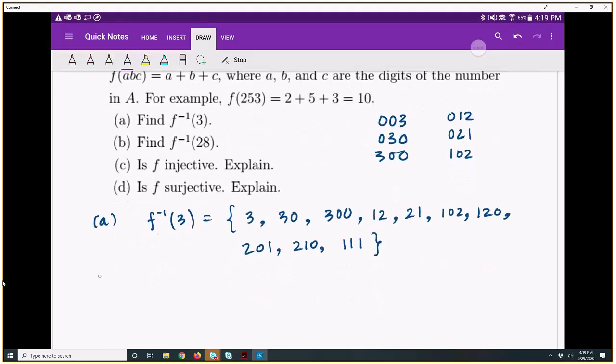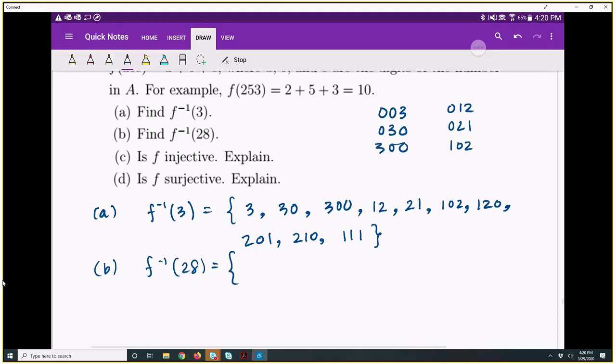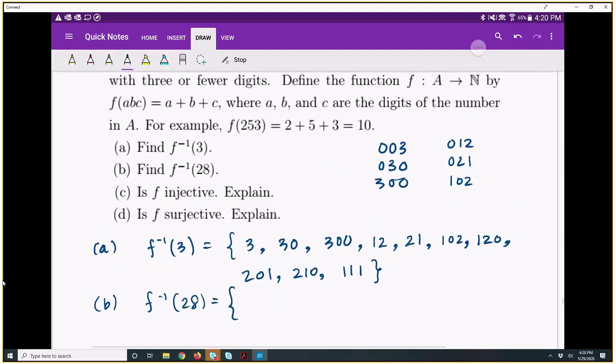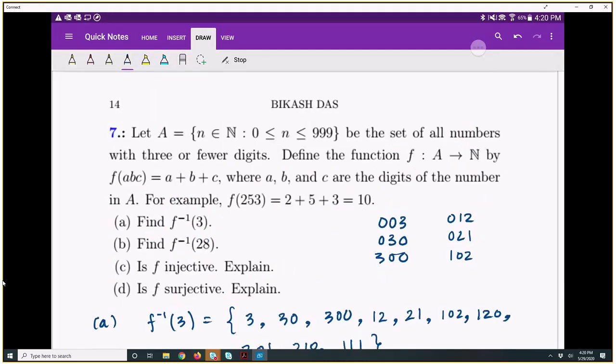The next question is to find the inverse image of 28. Now, one thing to notice is that the largest number in our domain is 999. And when I add the digits, I get 27. So 27 is actually the largest number in the range of the function.